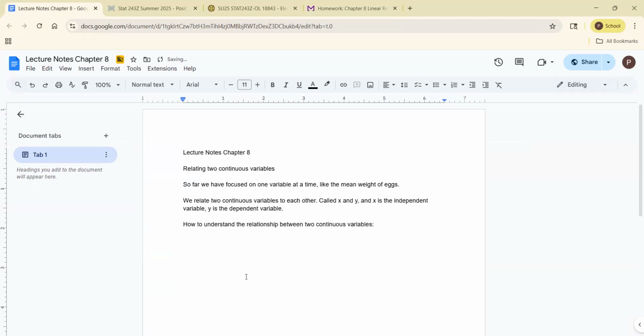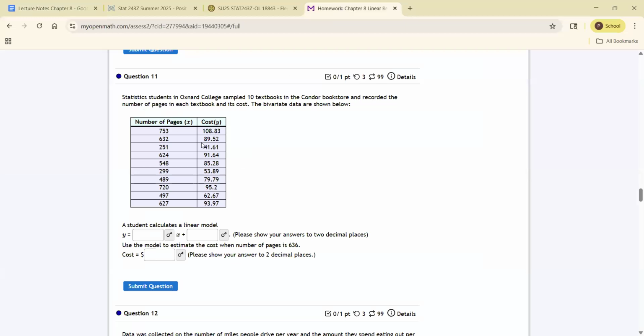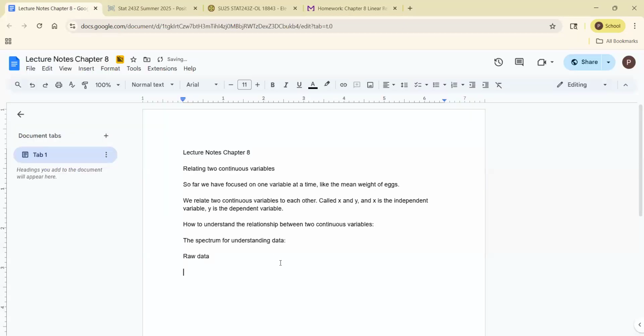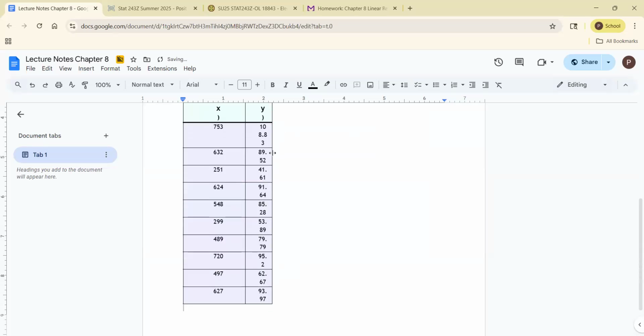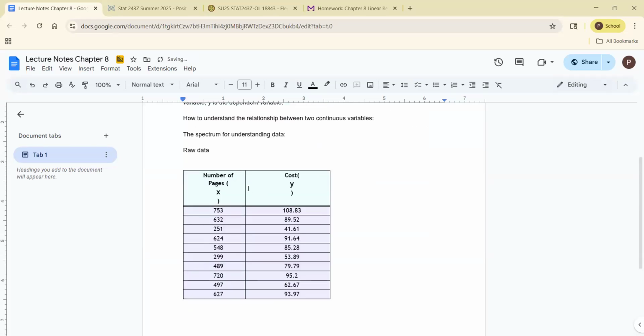There's two main ways to do that. Before I get into that, let's remember that we have the spectrum for understanding data. We have the raw data, which we see here.